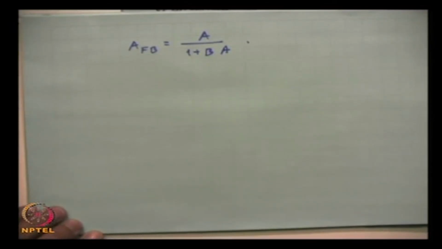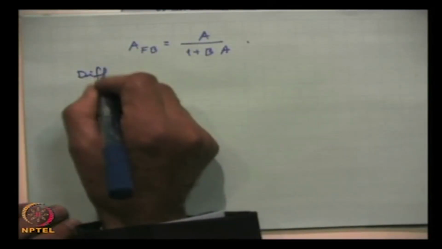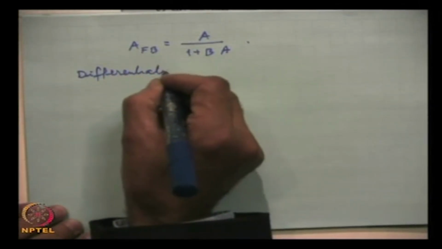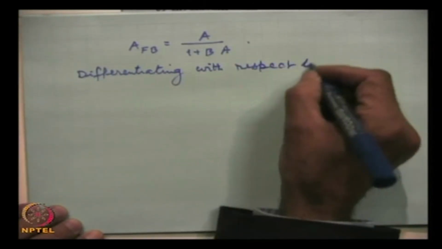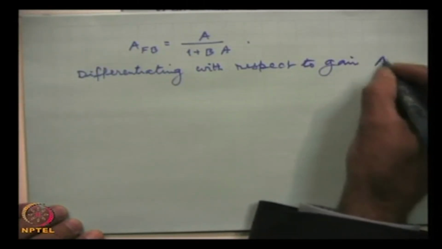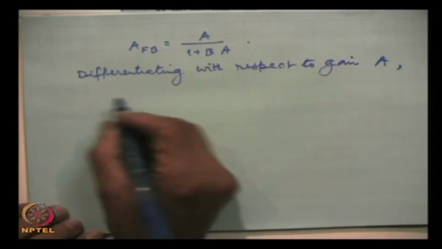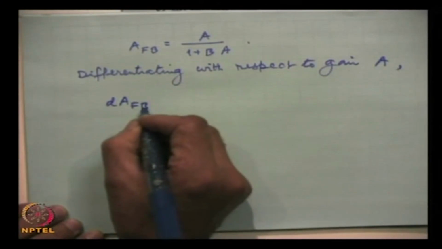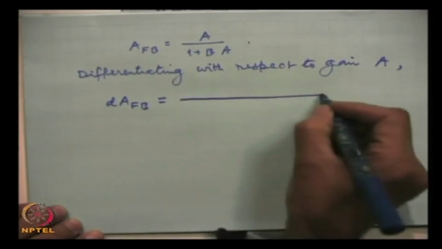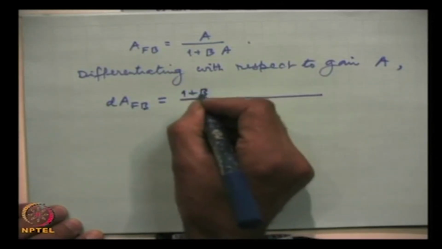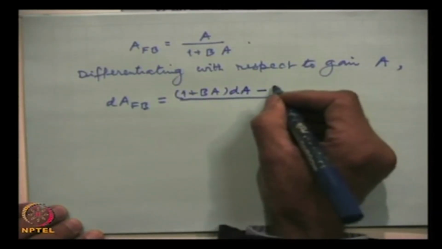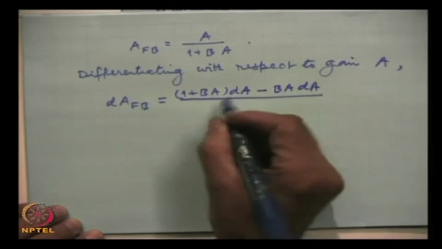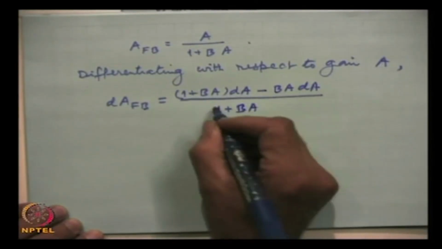We use this equation and we differentiate it with respect to gain A. So, differentiating with respect to gain A, we get (1 plus BA) dA minus BA dA, by (1 plus BA) square.